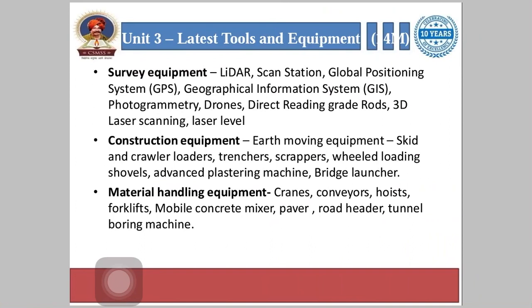Next we are going to see about the construction equipment, what type of construction equipments are used, that are earth moving equipments, screed and crawler, loaders, trenchers, scrapers, wheeled loading shovels, advanced plastering machine, bridge launcher. Next is material handling equipment, cranes, conveyors, hoists, forklifts, mobile concrete mixer, pavers, road headers, tunnel boring machines.